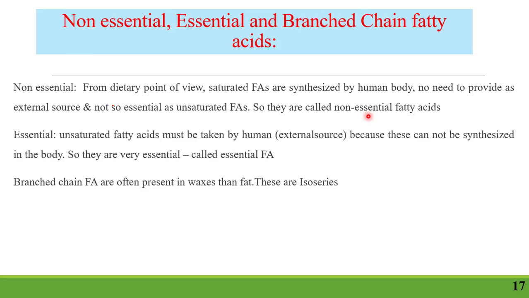So they are called non-essential fatty acids. Essential ones are unsaturated fatty acids which must be taken in by humans, because this type of fatty acid cannot be synthesized in the body. So they are very essential, called essential fatty acids.